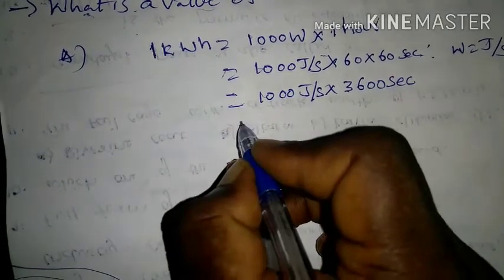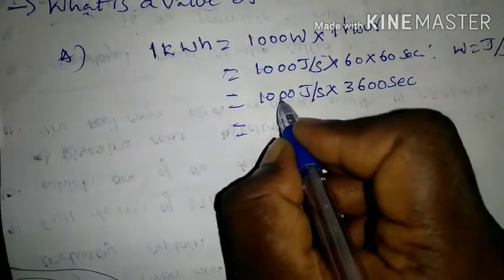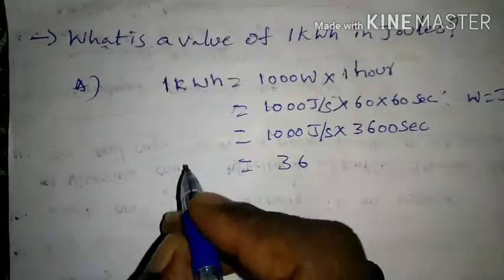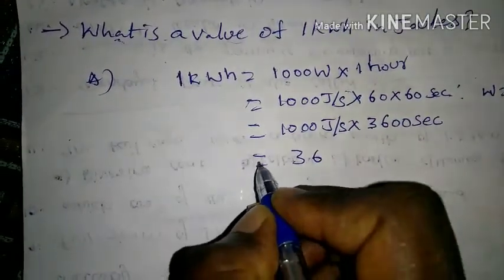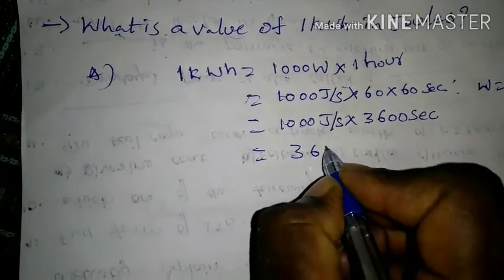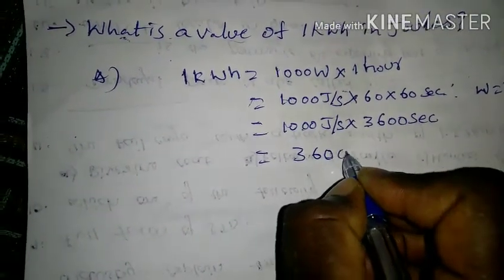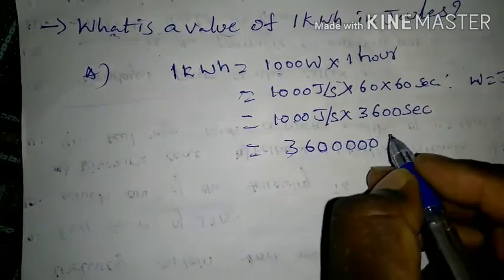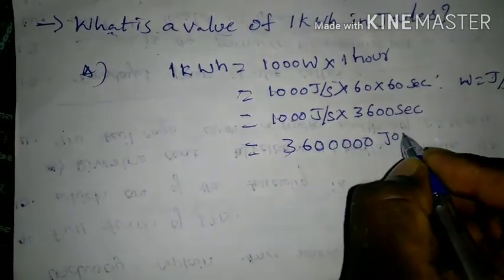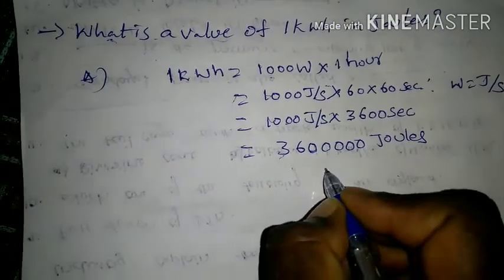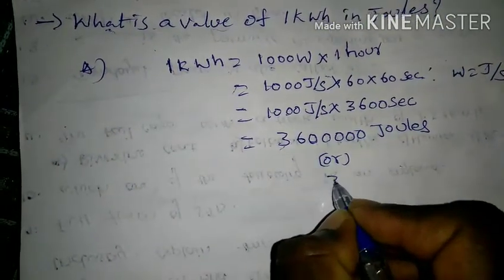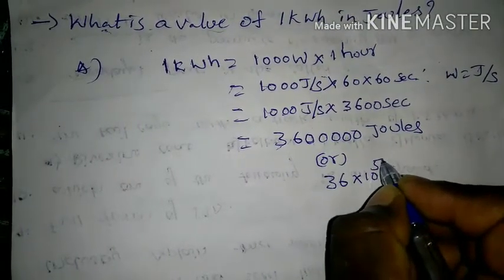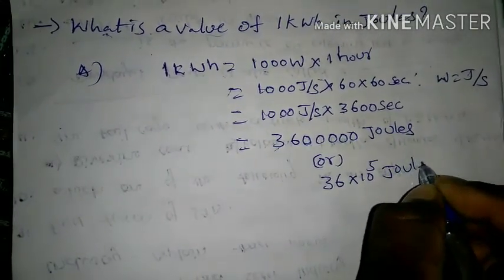Now 1000 into 3600 is equal to 36 lakh joules, or 36 into 10 power of 5 joules.